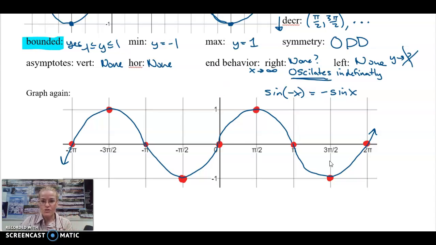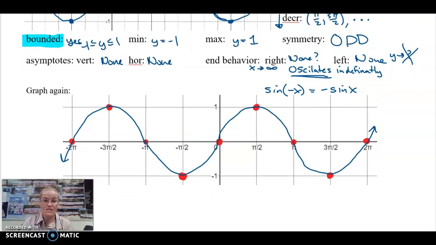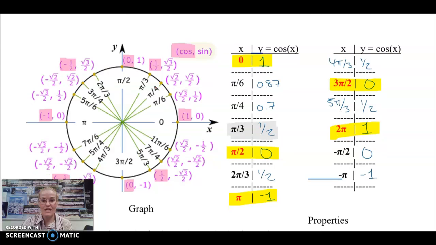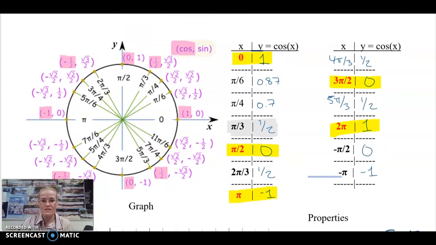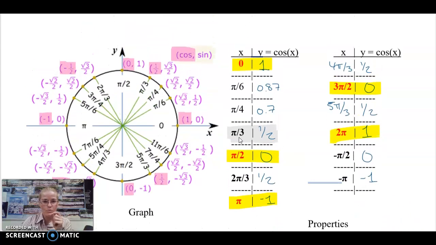So with that much, hopefully you can then do cosine, but quick sneak peek, right? Cosine, similar. The main difference here is if you're wanting to graph more precisely, it's pi over 3. It's the 60-degree angles, where your cosine, which is your x value in your unit circle, is going to give you the 1/2.